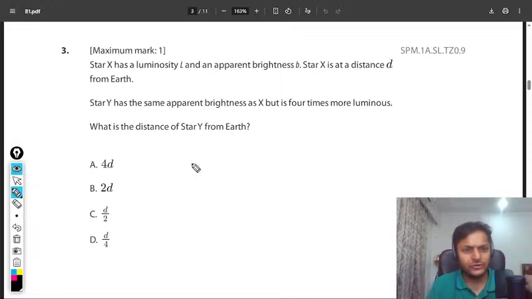It's a very good question, and you would be getting similar kinds of questions in this topic, luminosity and apparent brightness. It's a very important topic.